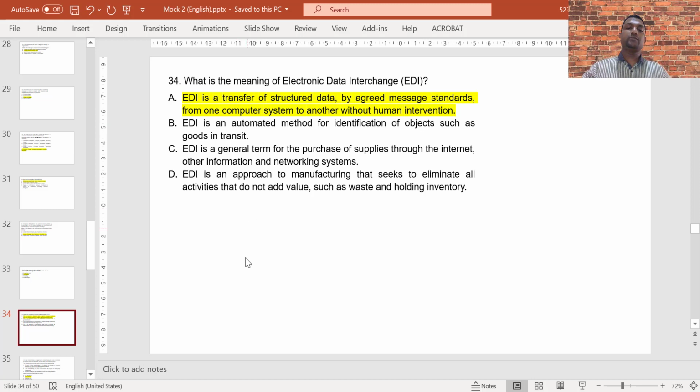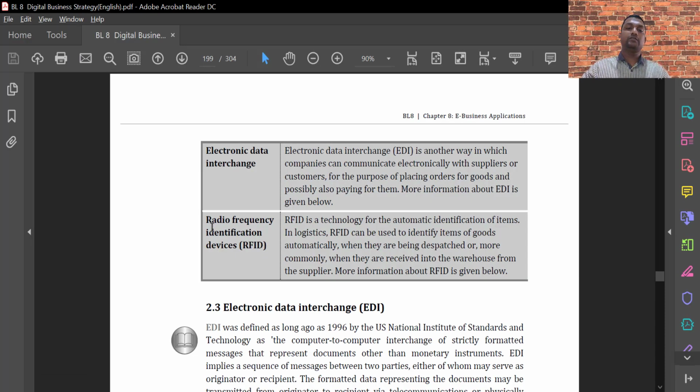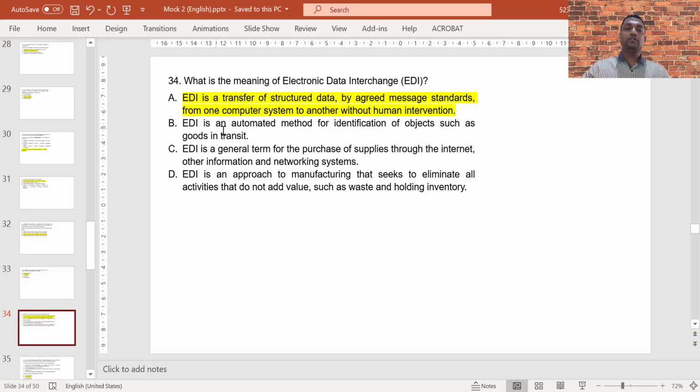This is about radio frequency identification devices, automatic identification of items in the supply chain, so that one we can exclude. EDI is a general term for purchase of supplies through the internet or information networking systems. Again we can remove this from the answer list.